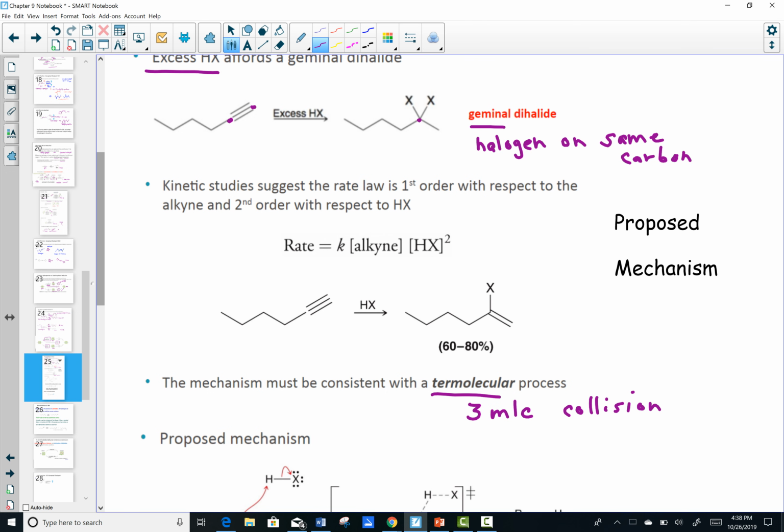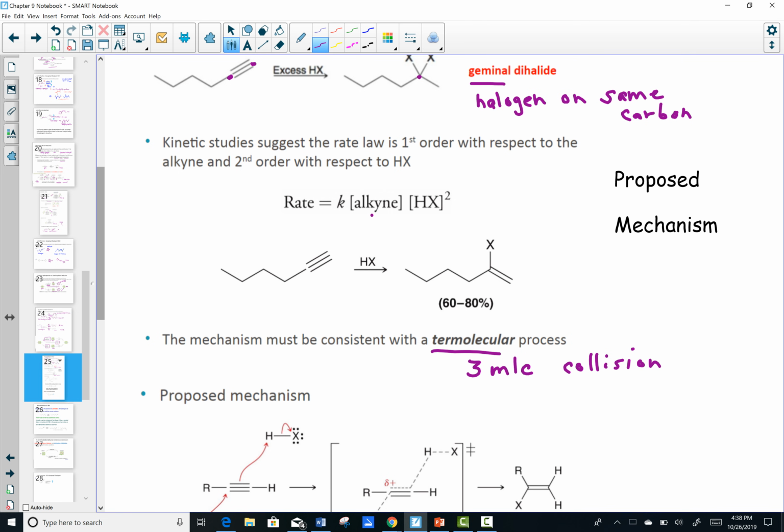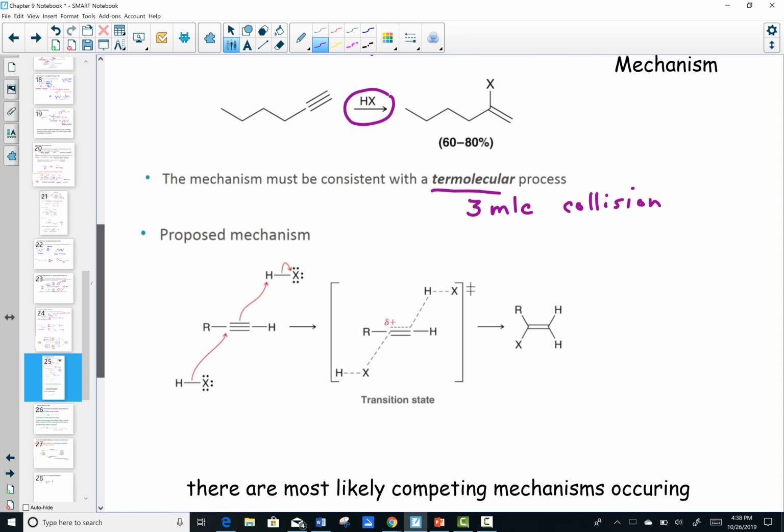So what it's saying is that the alkyne is first order. So we see first order with respect to the alkyne, meaning that it's one molecule of the substrate. But it is second order with respect to the hydrohalogen, meaning that it's going to require 2 molecules to get us all the way to the ane ending, a termolecular process.